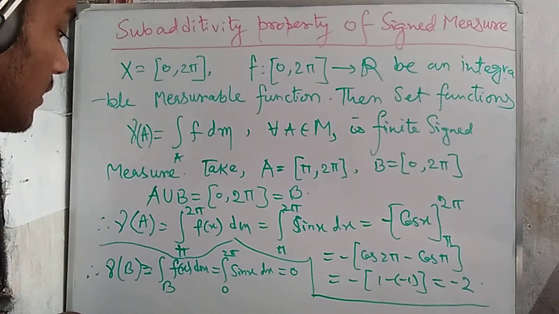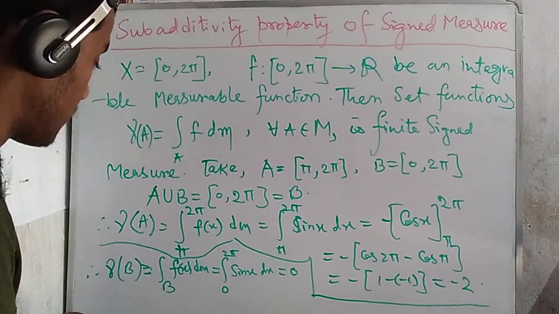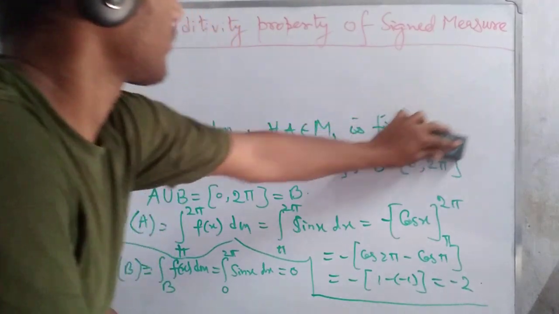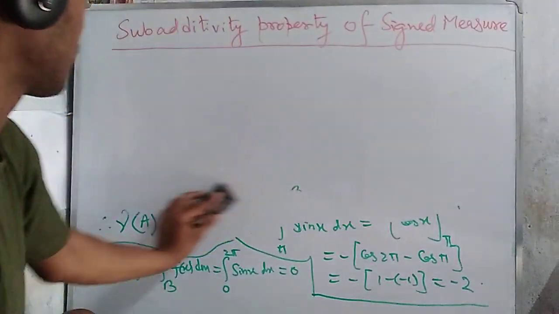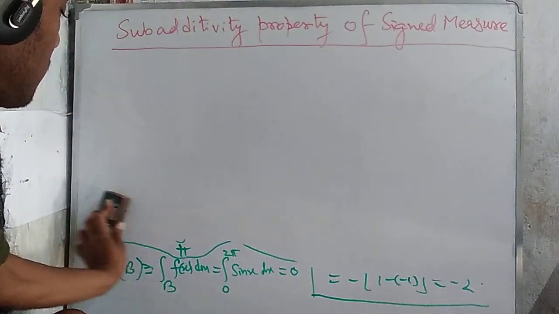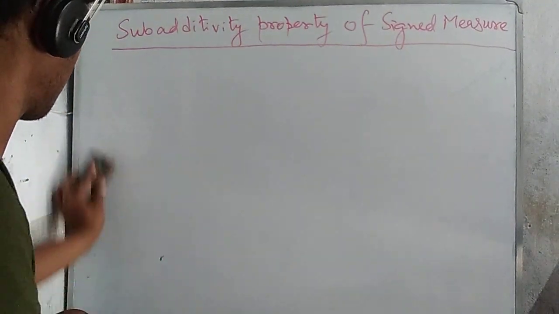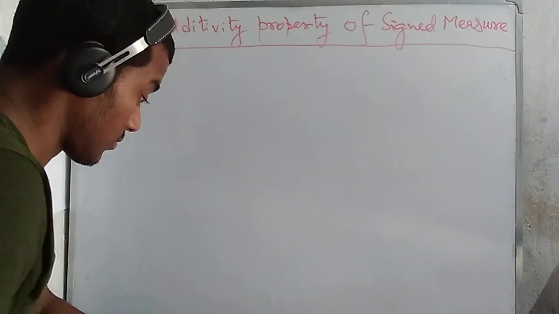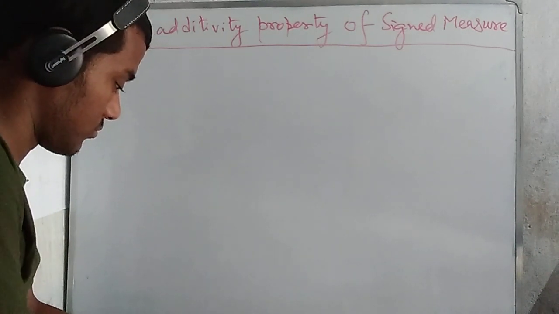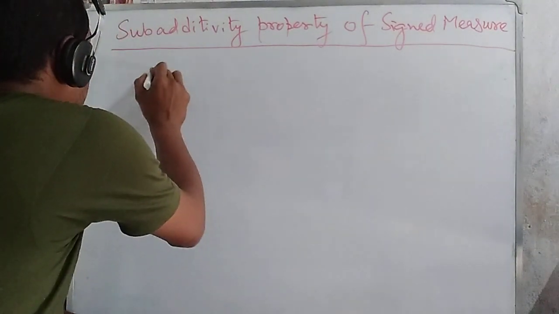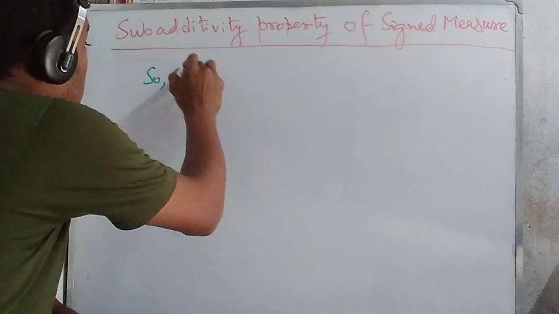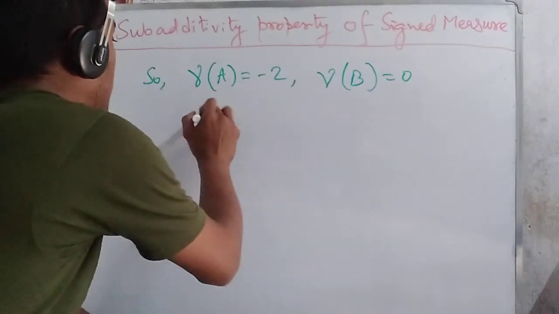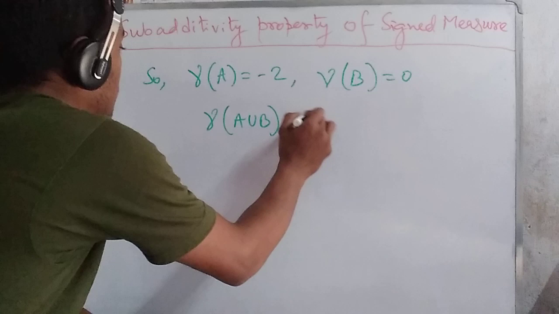Now we erase that portion and go on to further discussion. So we write gamma A equal to minus 2, gamma B equal to 0, and gamma of A union B equal to 0.